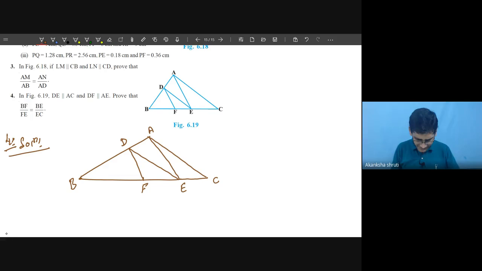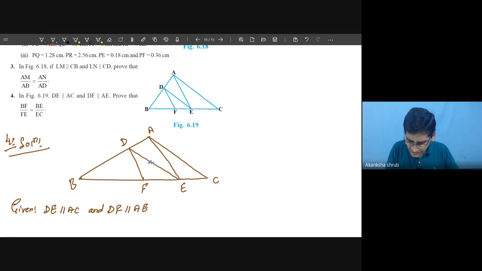What is given? Write it down. The given is DE is parallel to AC and DF is parallel to AB. These things are given. Better habit is to mark this in the figure itself. DE is parallel to AC. Where is our DE? Observe it.